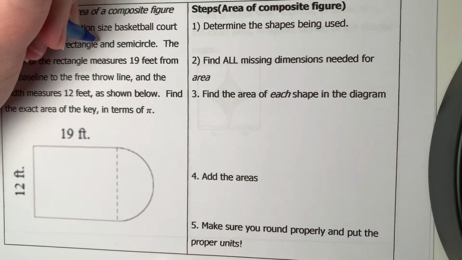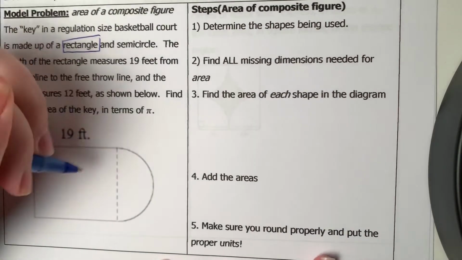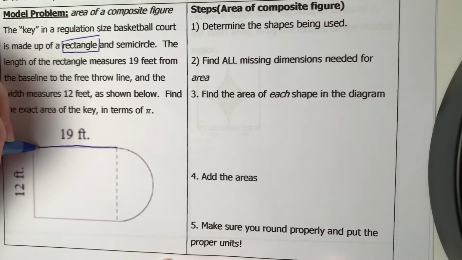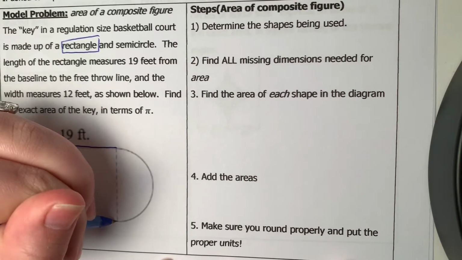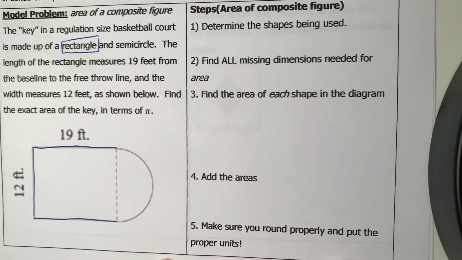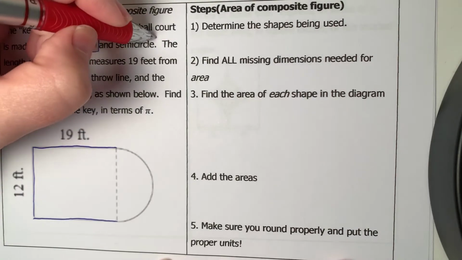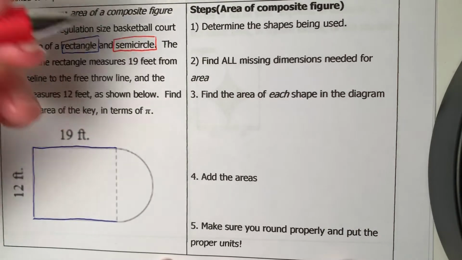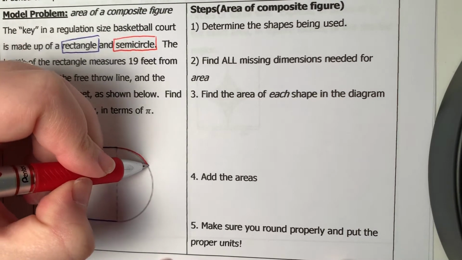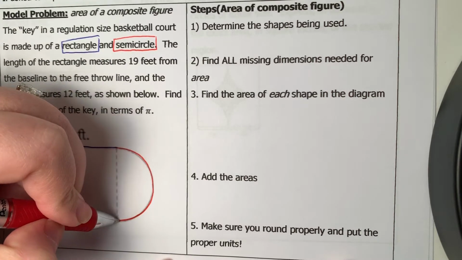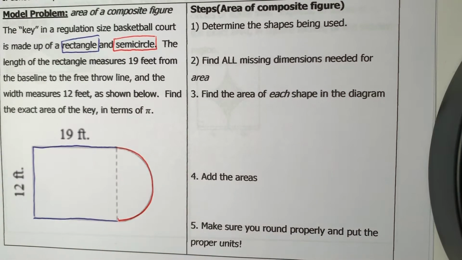So just like yesterday, we said that it's made up of a rectangle and a semicircle. We want to find all the missing dimensions needed for area, and then we want to find the area of each shape in the diagram.